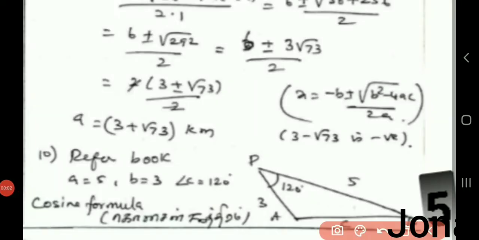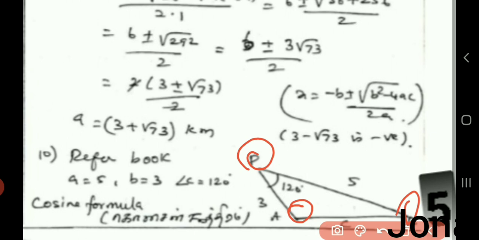Tenth problem. A straight tunnel is to be made through a mountain. A surveyor observes two extremities A and B of the tunnel to be built from a point P in front of the mountain.